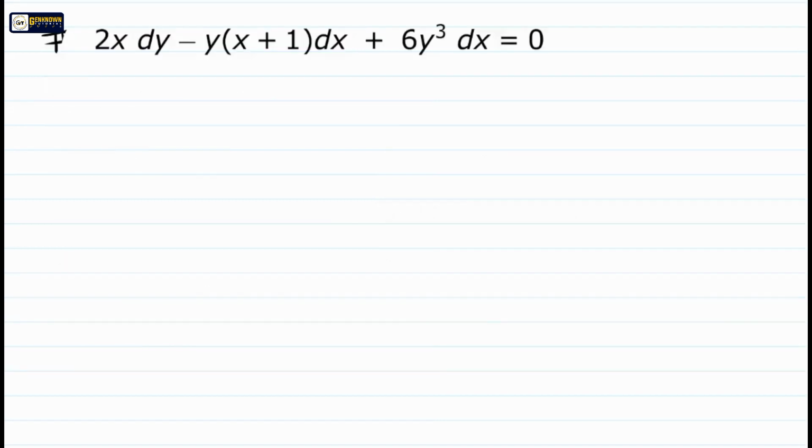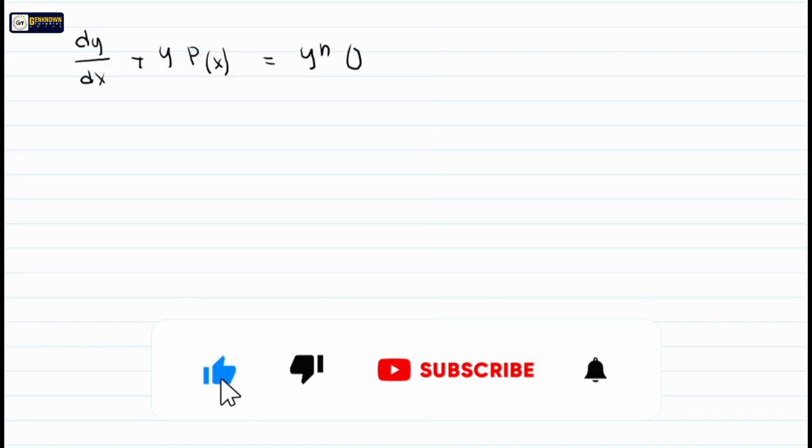Okay, let's add one page here. Remember that the standard form of the Bernoulli is dy over dx plus y p of x is equal to y raised to n multiplied by q of x.